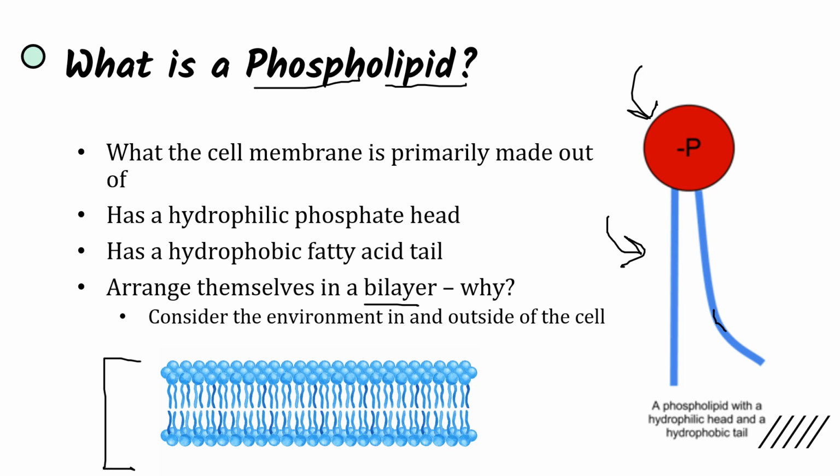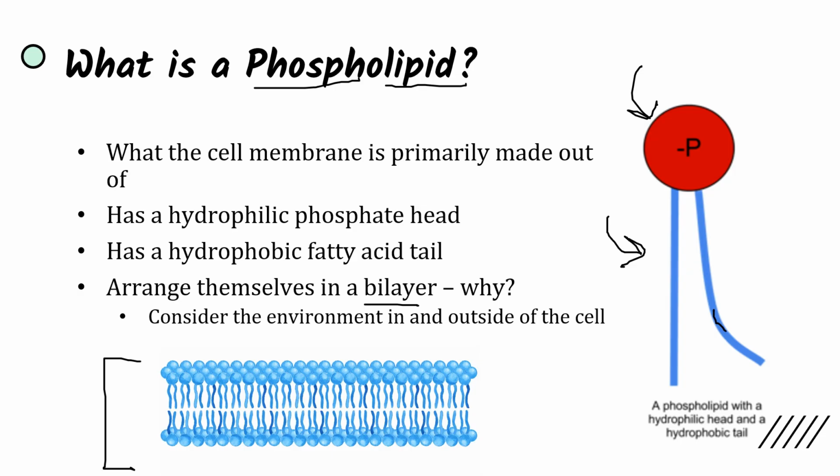And why are they arranging themselves in a bilayer? Well, the reason is we've got hydrophilic heads that want to be near aqueous solutions, and we have hydrophobic tails that don't want to be near any water or fluid. And both inside the cell, intracellular, and outside of the cell, extracellular, we're going to have water. There's going to be aqueous solution. That's going to be what the hydrophilic phosphate heads are facing towards.